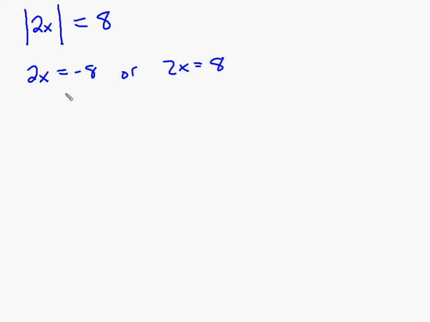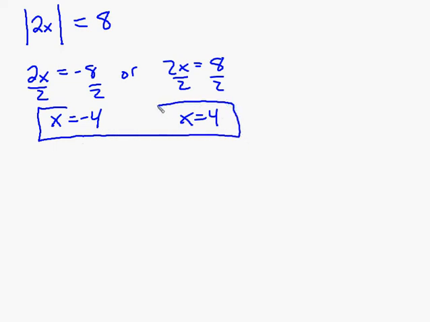And now I solve both of these. And how do I solve the first one? Divide by 2. And the second one, I do the same thing. And then you might be even more convinced, but Mr. Kane, I could have just taken that -4 and switched its sign and gotten a +4.